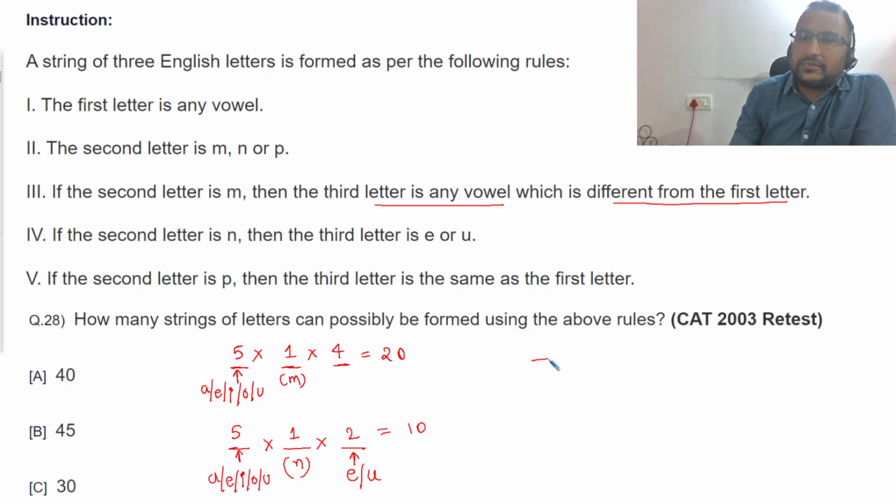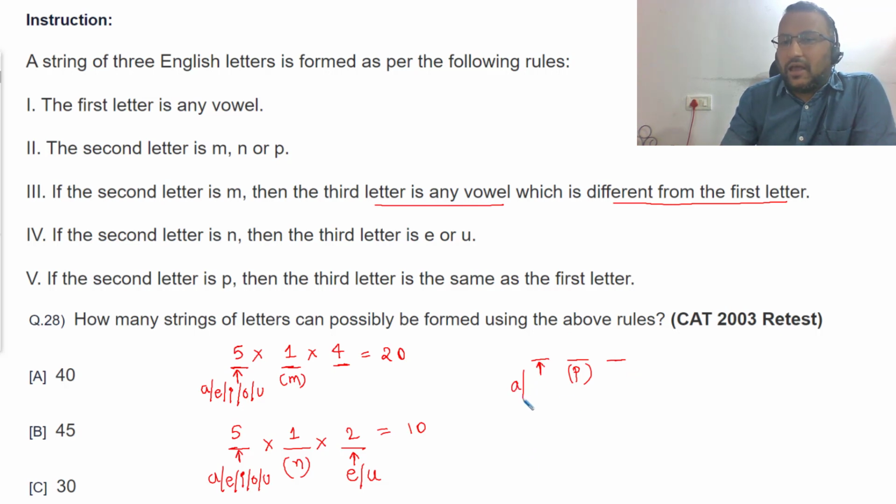And the third case is the middle letter, the second letter is P. In that case the third letter is same as the first letter, everyone. For the first letter there are 5 choices, A, E, I, O, U. There are 5 choices for the first letter, 1 choice for the second letter. And for the third letter also there is only 1 choice, because first and third letter are supposed to be same.